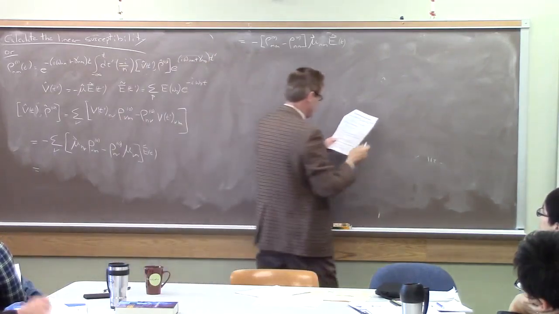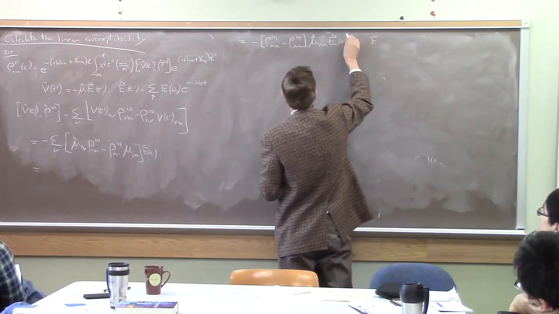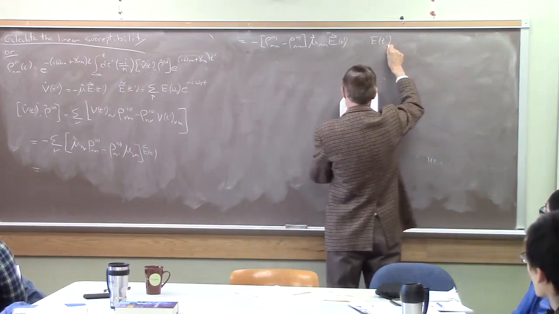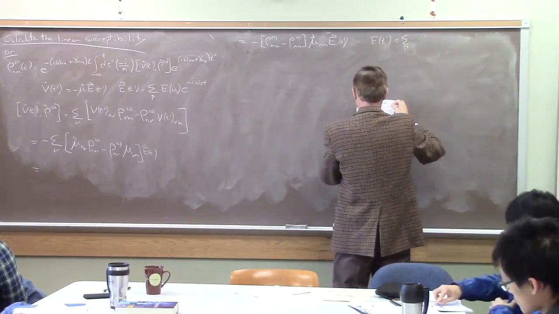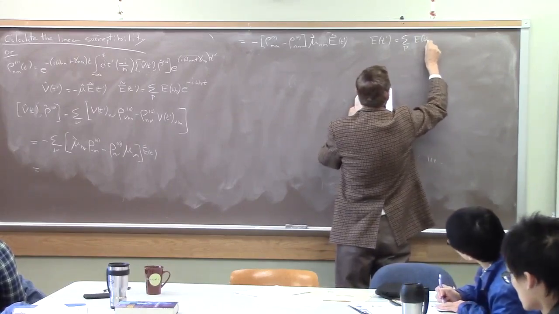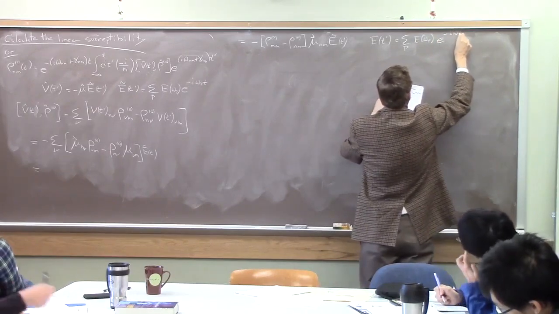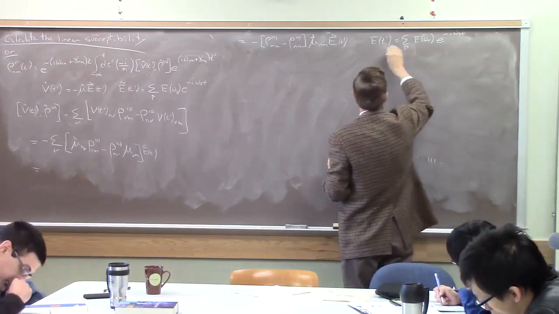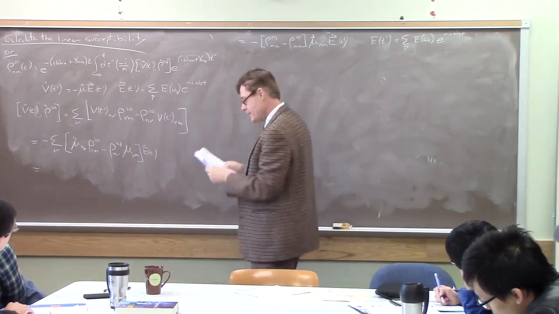Well, just so we have these steps complete, let's remember that E of t prime is the sum over p of E of omega p e to the minus i omega p times t. Okay, so that's what goes in.